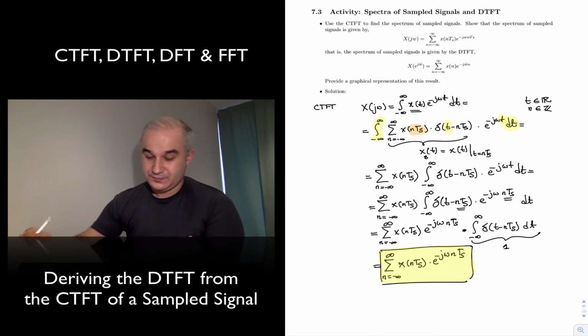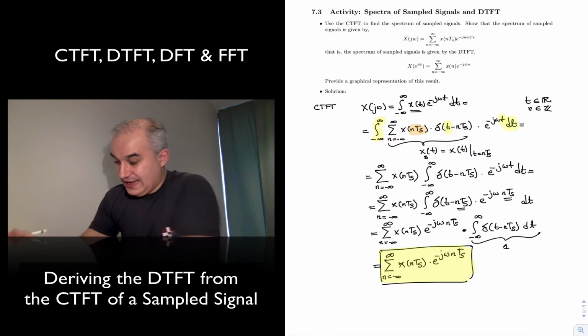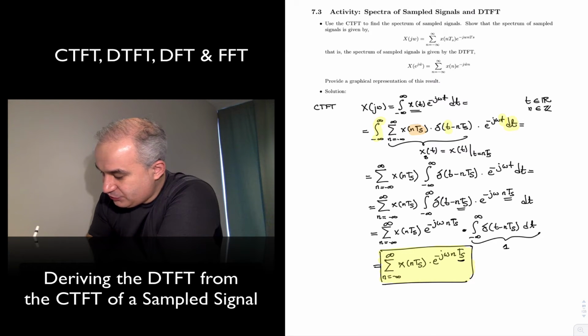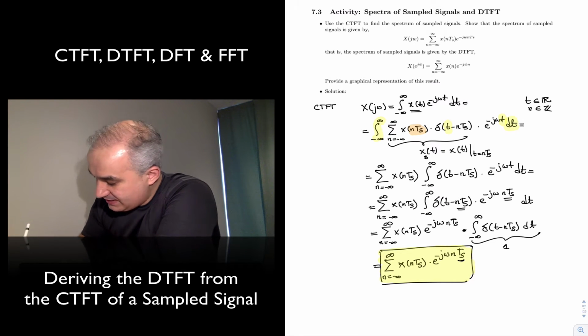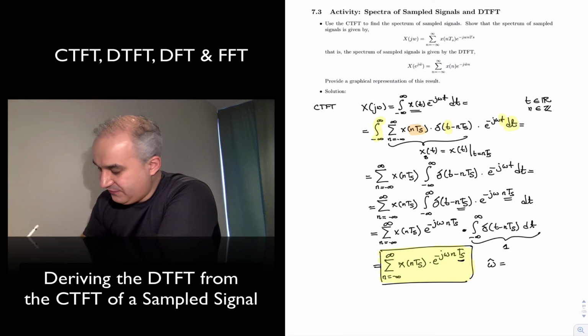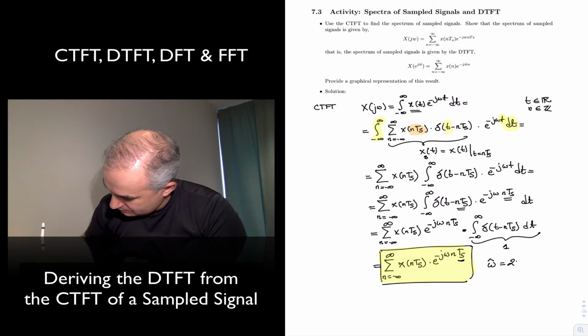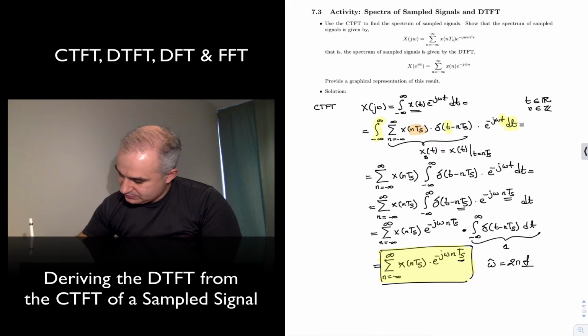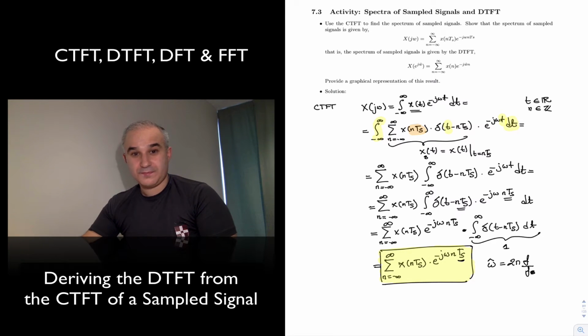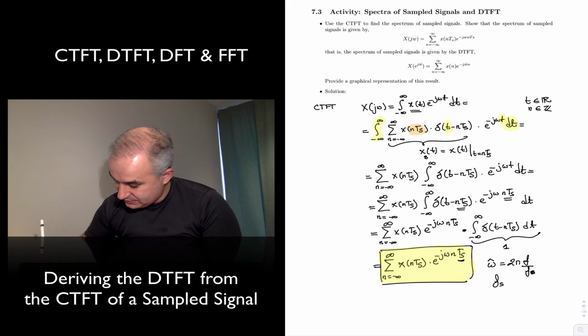Now, in the signal, it contains information about time because you have here the nTs. Now, remember that omega hat, the normalized radian frequency, is equal to 2 pi, the frequency, over the sampling frequency, right? And the sampling frequency is the inverse of the period.